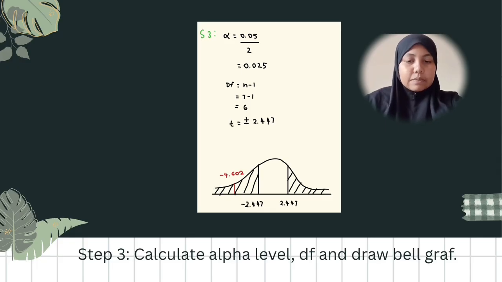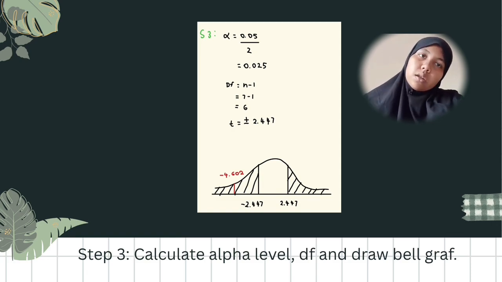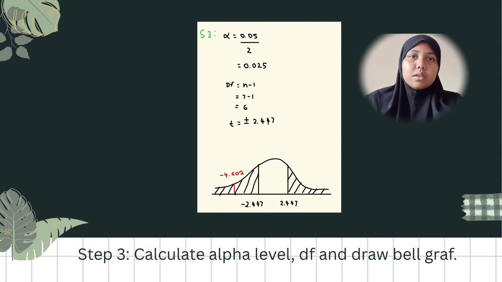Next is step 3. Step 3, we have to calculate the alpha level. Because we use the table and the hypothesis is two-tailed, we have to divide the alpha level by 2.